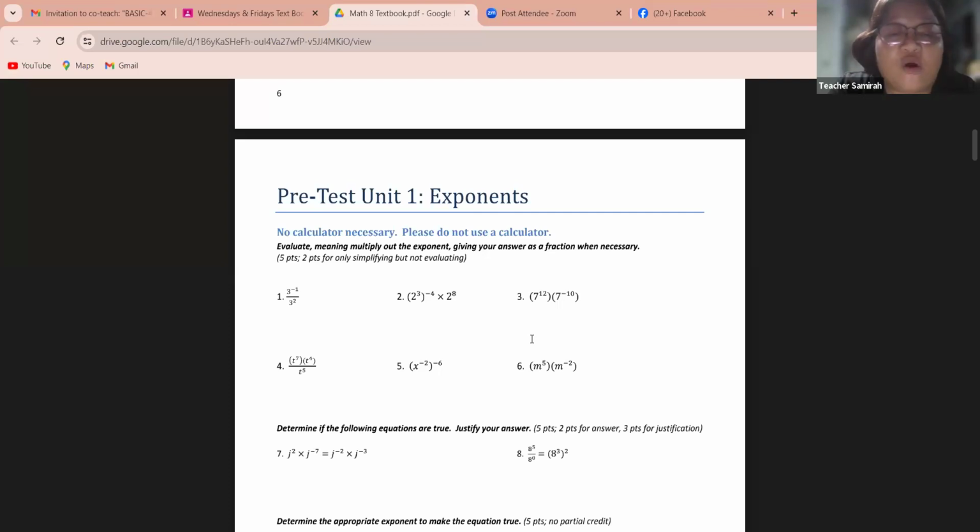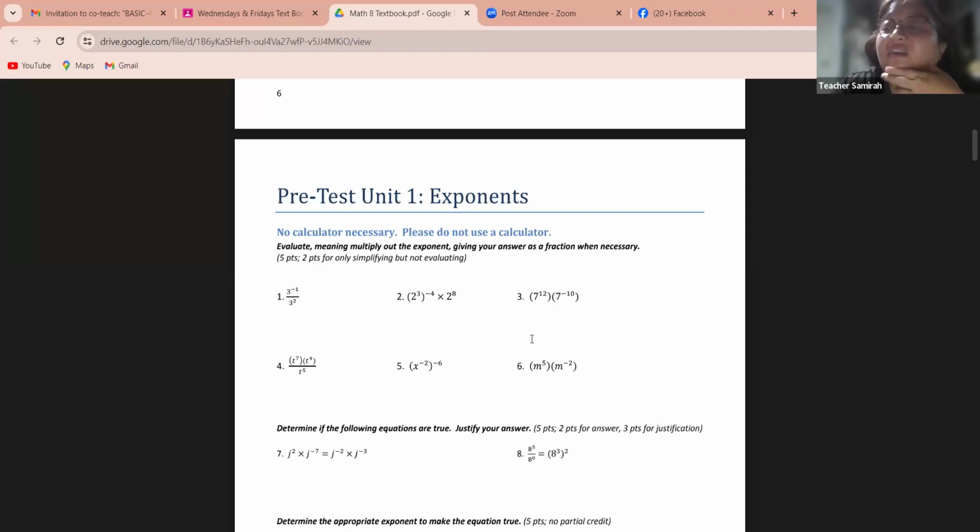How about number 4? You can see number 4 is a combination of product and division. Look at number 4: T raised to 7 times T raised to 4 divided by T raised to 5.